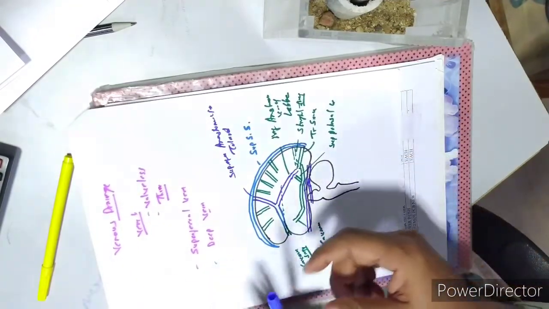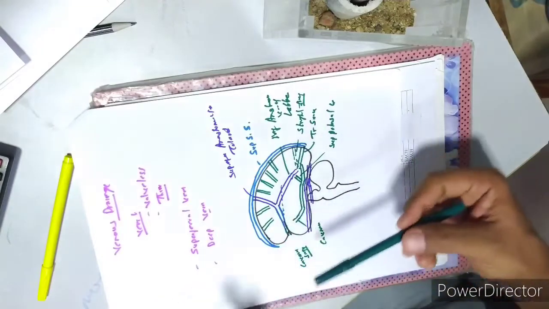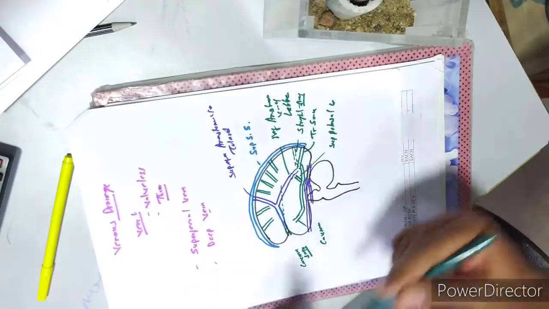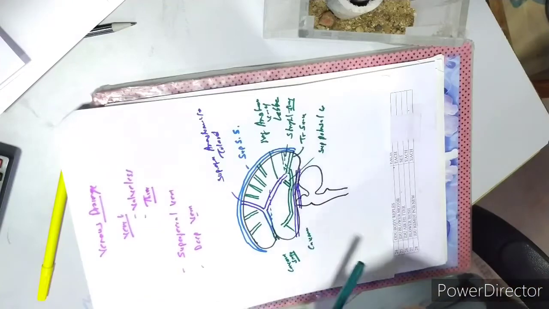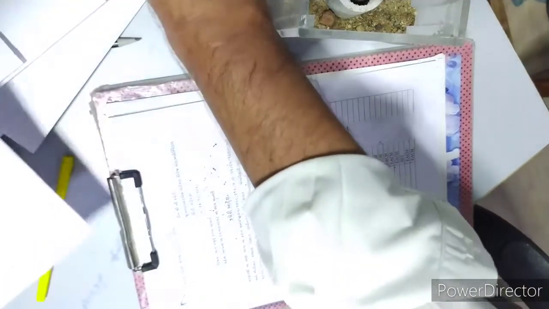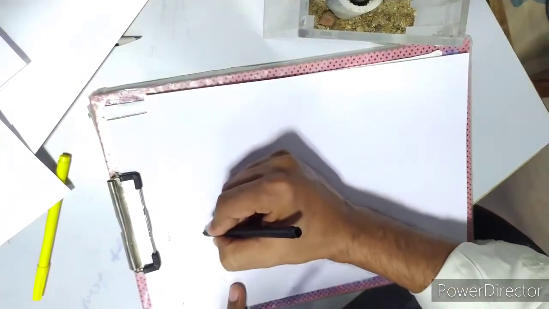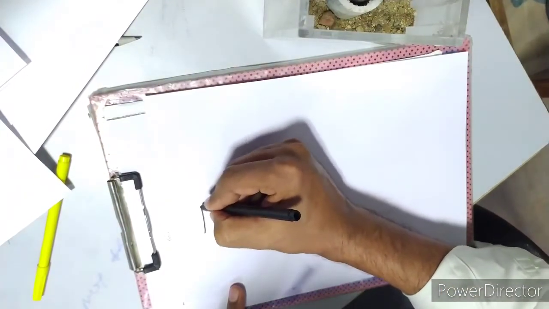Coming to the deep veins. What about the deep veins? They come from the deeper aspect of the cerebral hemisphere around the thalamus here. Look here now. This is the corpus callosum.